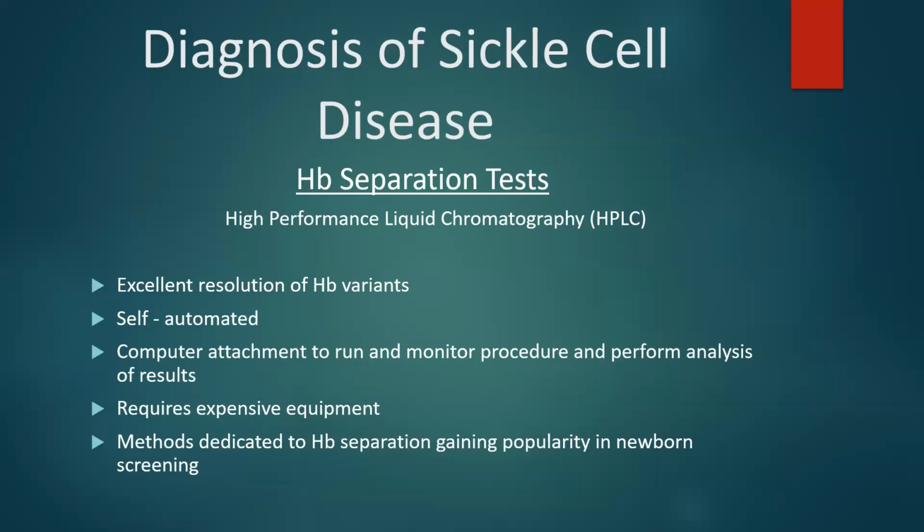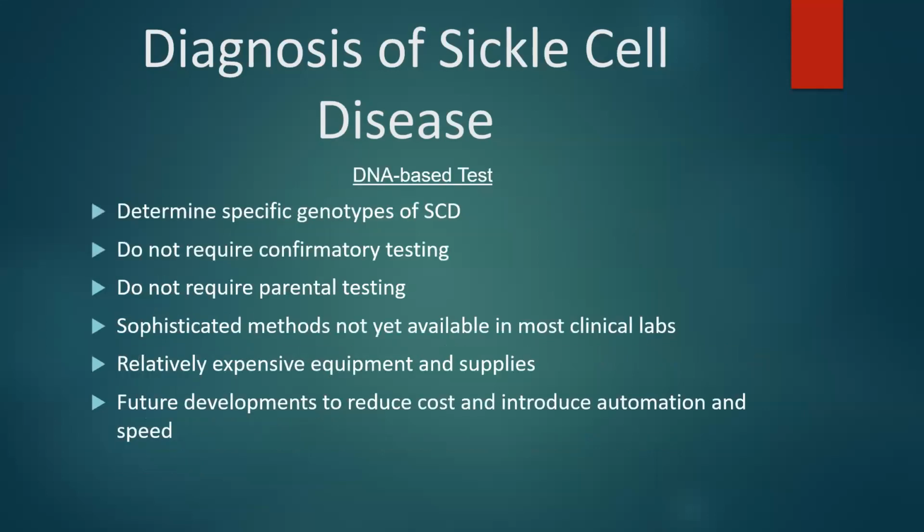This one is also used in newborn screening, which helps to pick up this condition in early stage. So we have the DNA testing, which needs no other confirmation, and also doesn't need any parental testing.